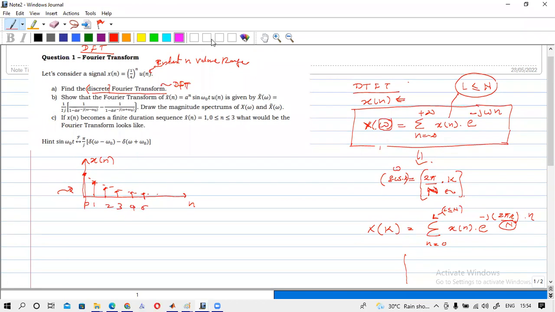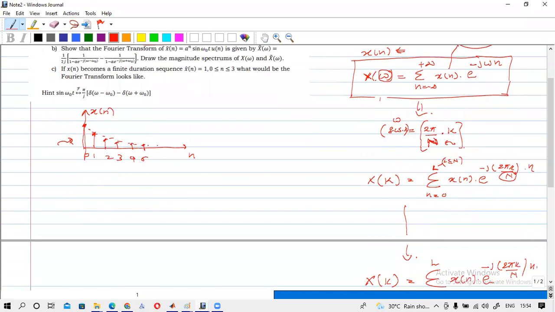If you were asked for the Fourier transform of this discrete-time signal, it would be X(omega), the sum over n from 0 to plus infinity, because this goes up to plus infinity, of (1/4)^n e to the power minus j omega n.